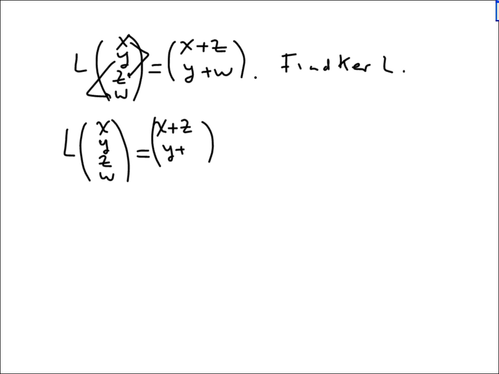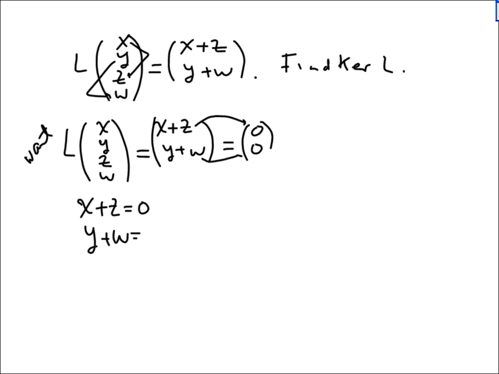We want this to be the zero vector. Oh, you mean x plus z should be 0 and y plus w should be 0. Okay. x plus z should be 0 and y plus w should be 0.